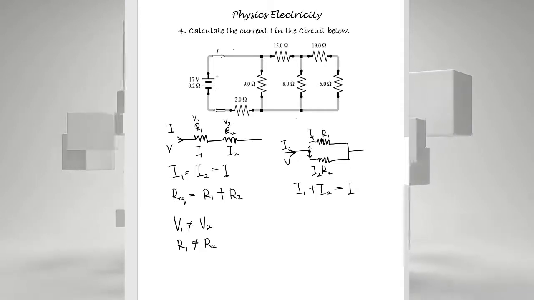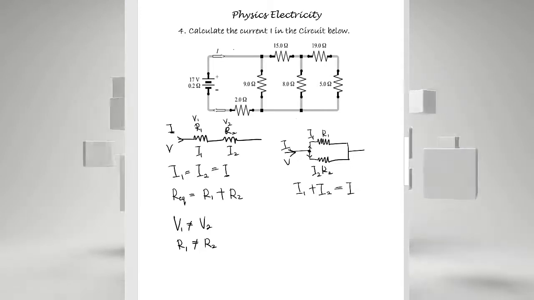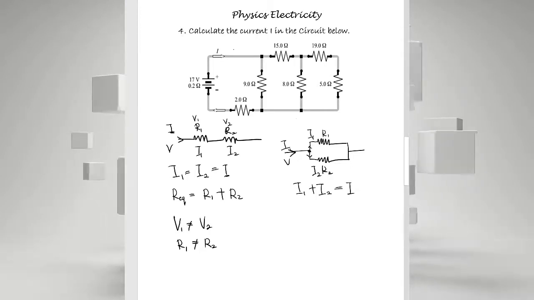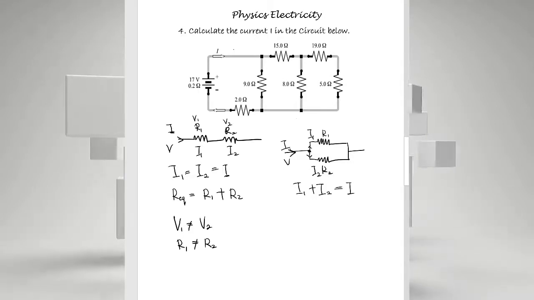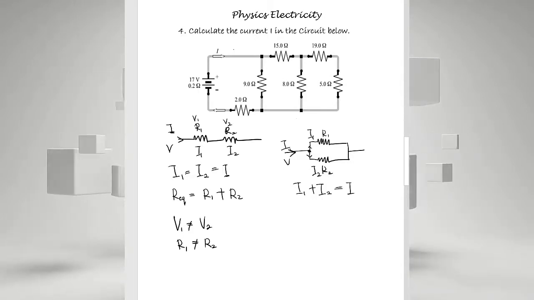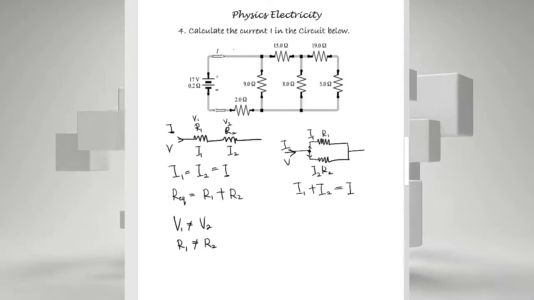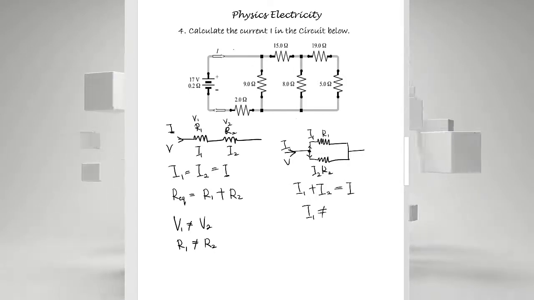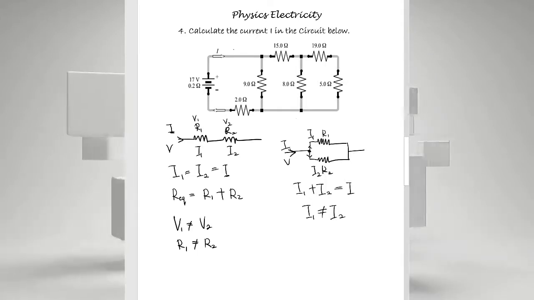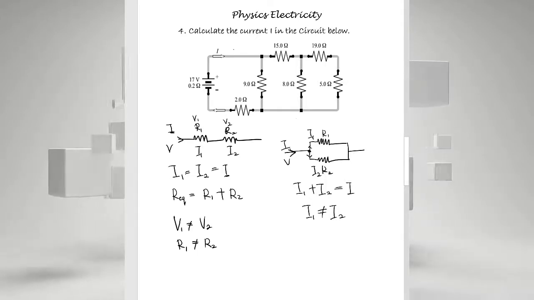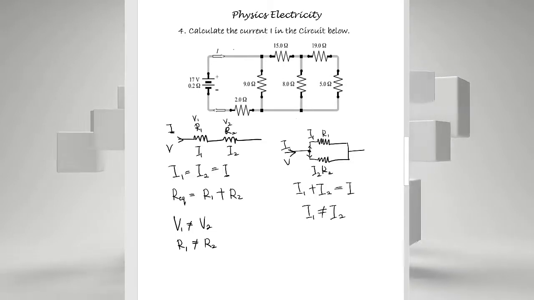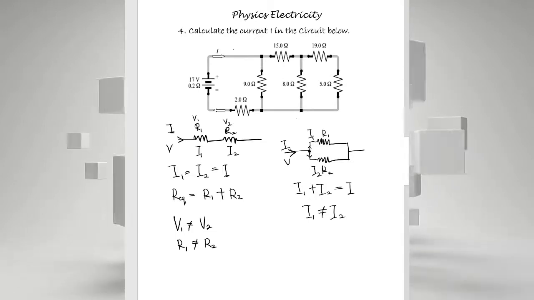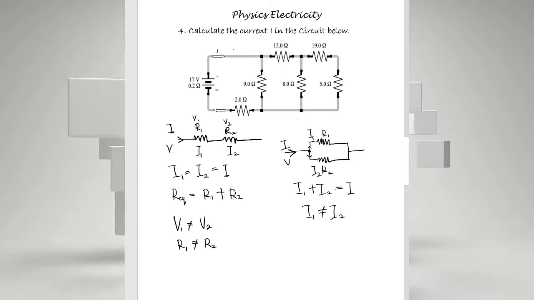And this formula written here is what Kirchhoff's law is all about. Kirchhoff's law states that the algebraic sum of current in a node is equal to 0. And remember, I said when R1 is not equal to R2, then I1 is not equal to I2. So let's take note of that.